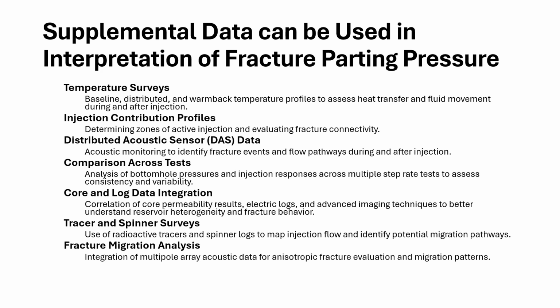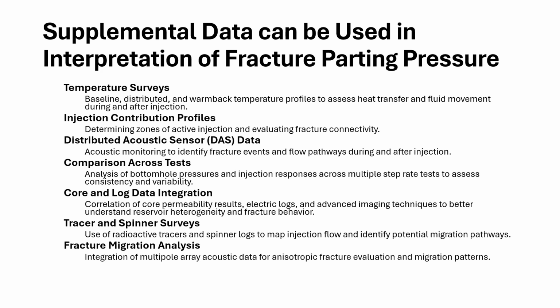You can go in with acoustic tools, distributed acoustic tools on fiber, to do acoustic monitoring to identify fracture events and determine flow pathways during and after injection. You can take bottom hole pressures and compare them across other tests, with analysis of bottom hole pressures and injection responses across multiple step rate tests to assess consistency and see if there are any variabilities that have developed.